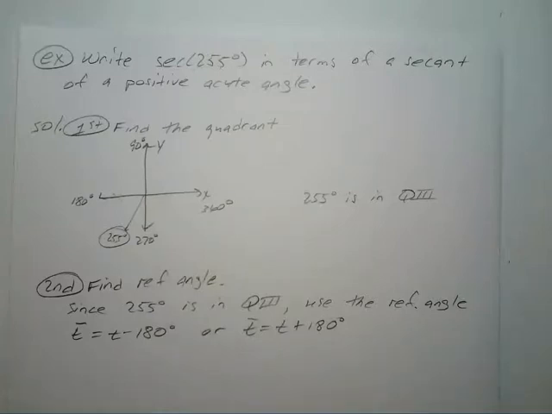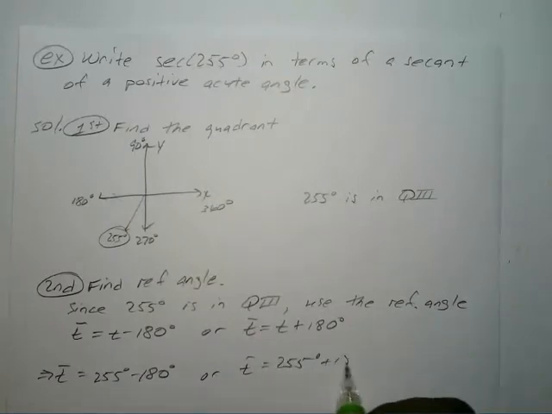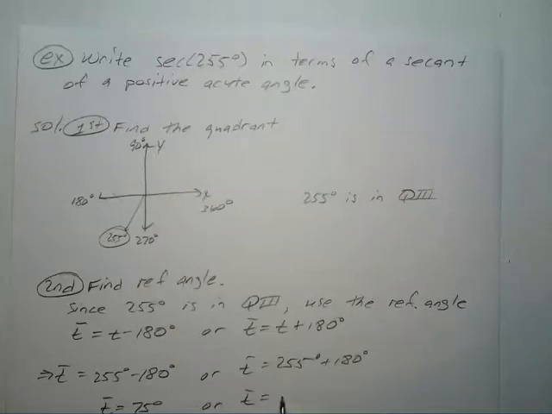Plugging in, T is 255, so 255 minus 180, or 255 plus 180 degrees. In this case, the reference angle is 75 degrees, or adding those two, 435 degrees.